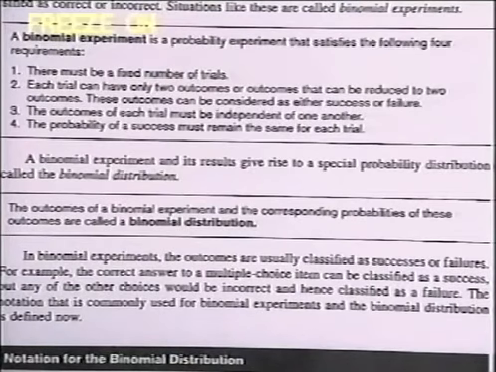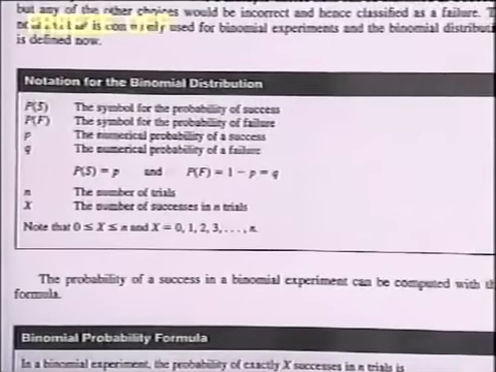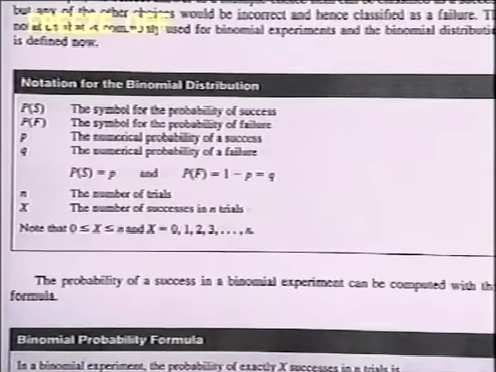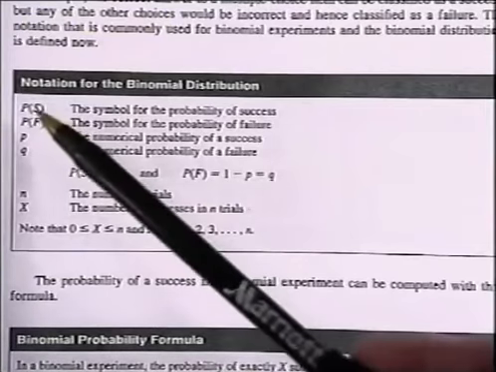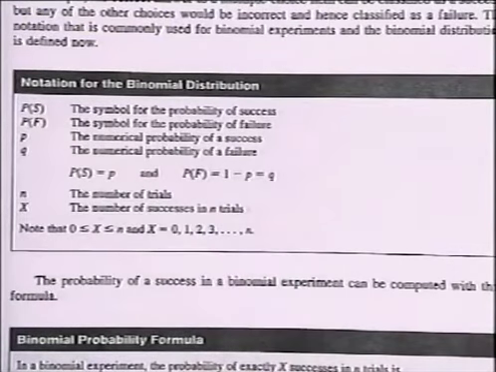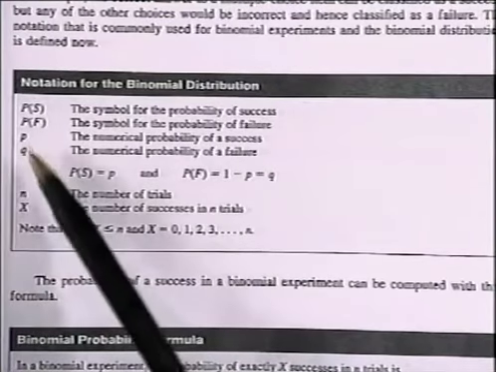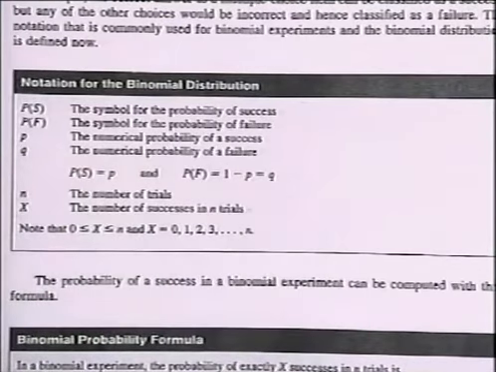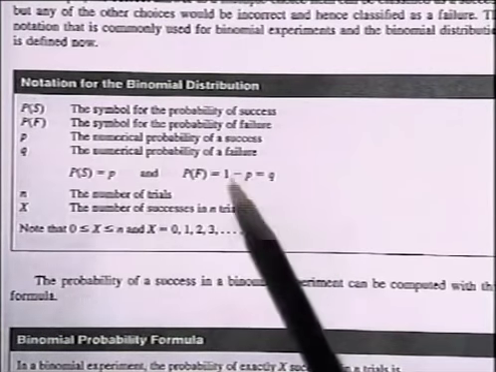Now, for notation in your book, the probability of S and probability of F is probability of success or failure. We're not going to use that. We're going to use the little p and q. p is the success, q is the failure, and these two add up to 1. What do I mean by that?